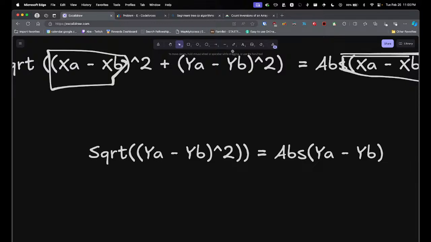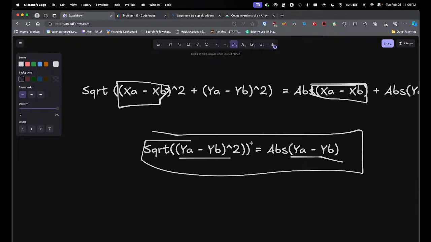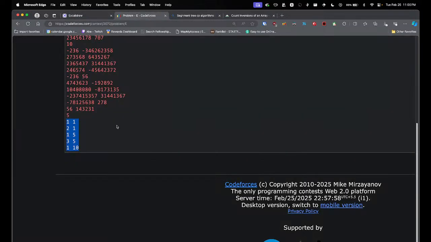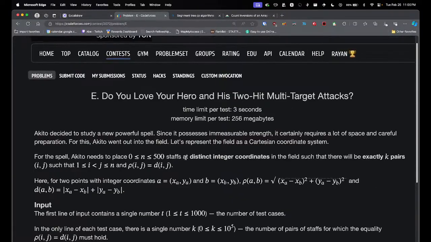Technically this equality always holds because the difference is the same. If you take the absolute difference, square it and take the square root, the value is the same. So one thing you can notice, make one value the same. You can't make two values the same because the coordinates are distinct integers.